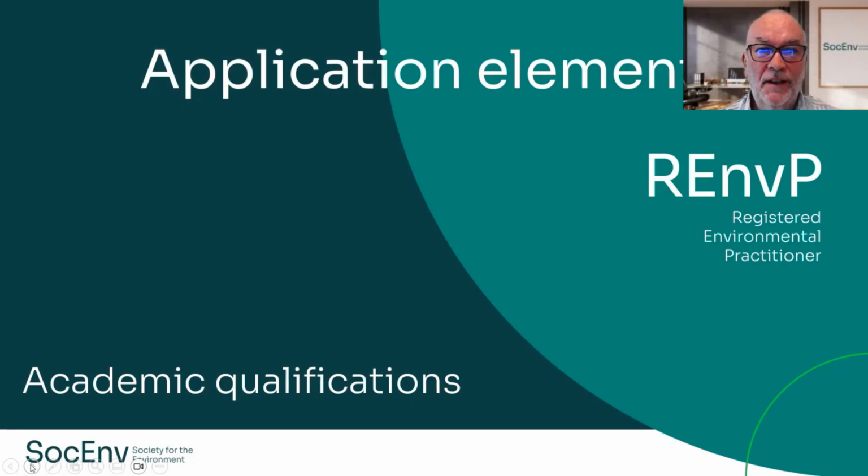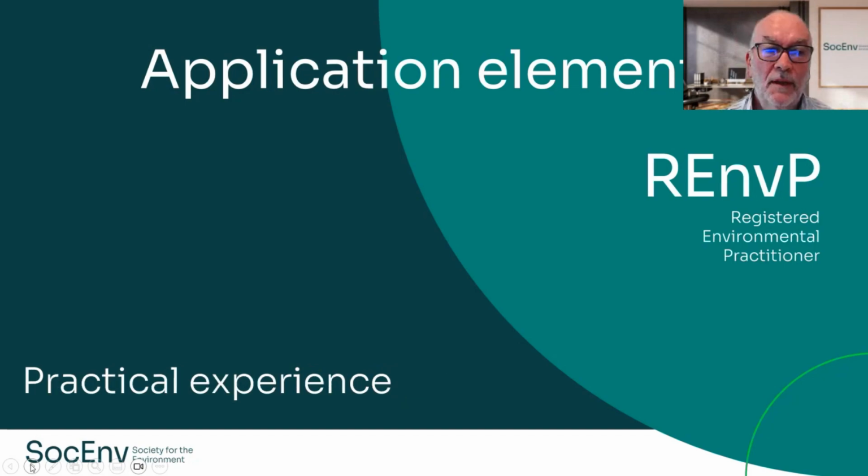Now, if you haven't got a particular qualification, or you've got whatever qualification you've got, it's up to the professional body to decide on what is equivalent to that level 5 level of knowledge. So that's up to them.